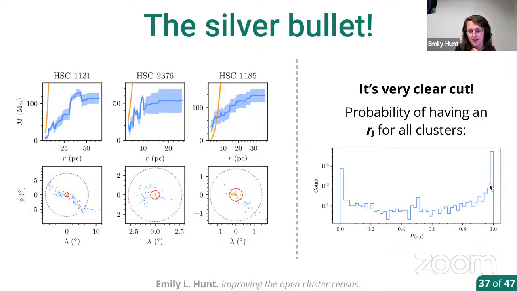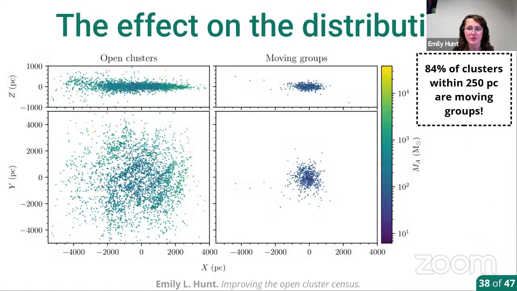So I also suggest having a lower mass limit cut of 40 solar masses, because below that I don't expect the method would work so well, and at that point it's also kind of coming into the range of just being a multiple star system and not a star cluster, so it's not really clear how useful it is to have very, very low mass objects. But basically within the classification scheme that I have, we seem to be able to tell much, much better now than ever before between these bound open clusters and unbound moving groups.